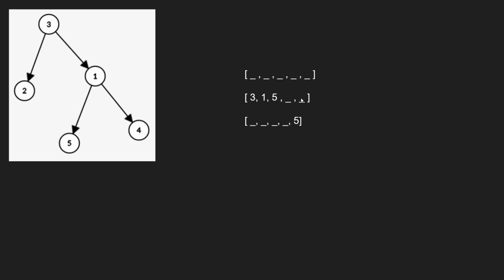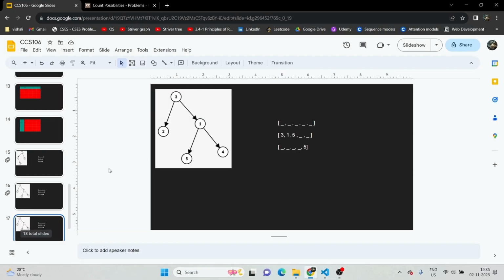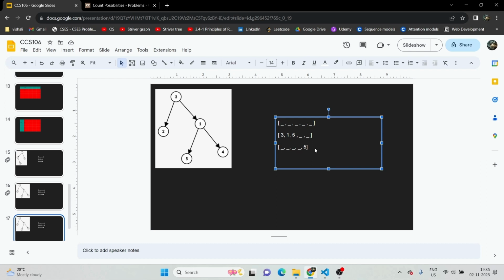Well, given all these possible indexes, for example, for 1 it was 1 and 2, and for 5 it is 2 to 4, so 2, 3 and 4.